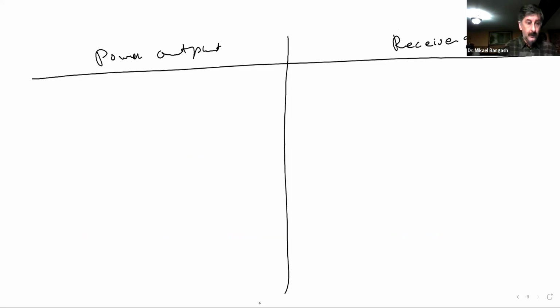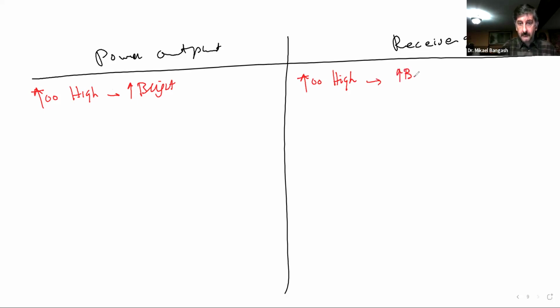We said if this was too high, what was that going to lead to? Image being too bright. Likewise here, if it's too high, well, that was going to lead to a too bright image.